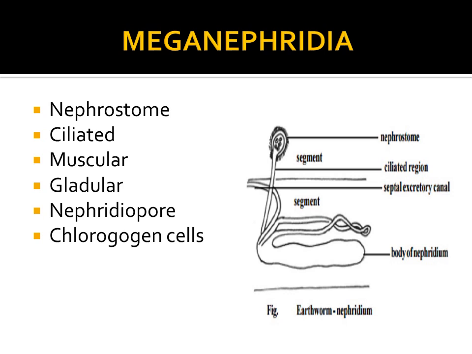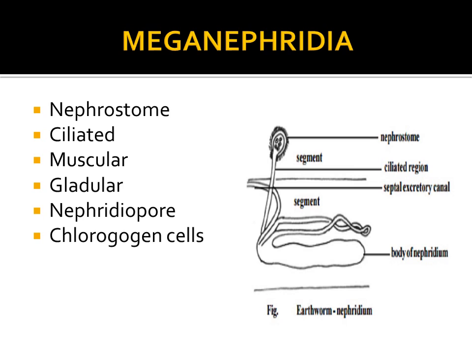Let us see what regions are in the meganephridia and what its function is. It consists of a special structure known as the nephrostome. This is a funnel-like structure surrounded by cilia, the hair-like projections. This is the first region of the nephridia.